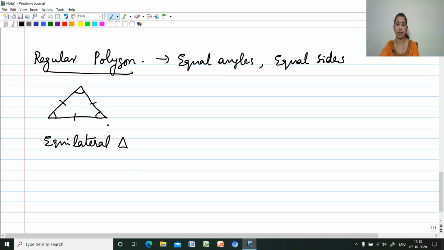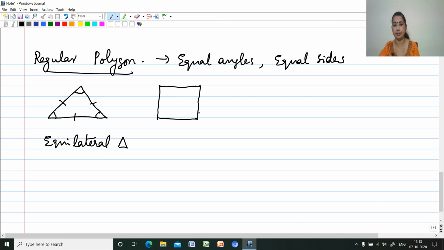That is, if it has three sides, it is a triangle, and if all the three sides and all the three angles are equal, then we call it an equilateral triangle. In the case of a four-sided figure or quadrilateral, the regular polygon is a square.